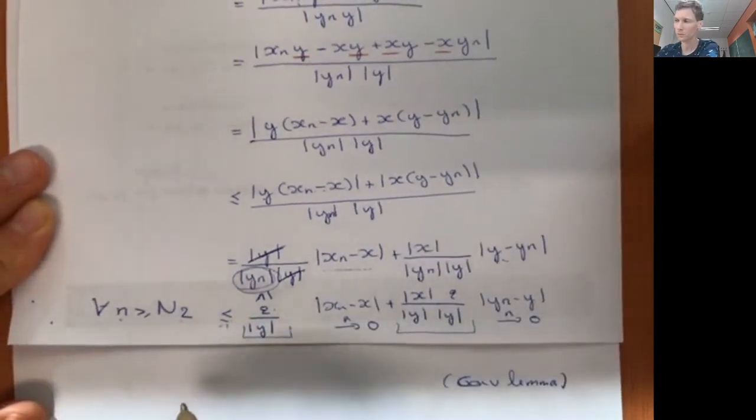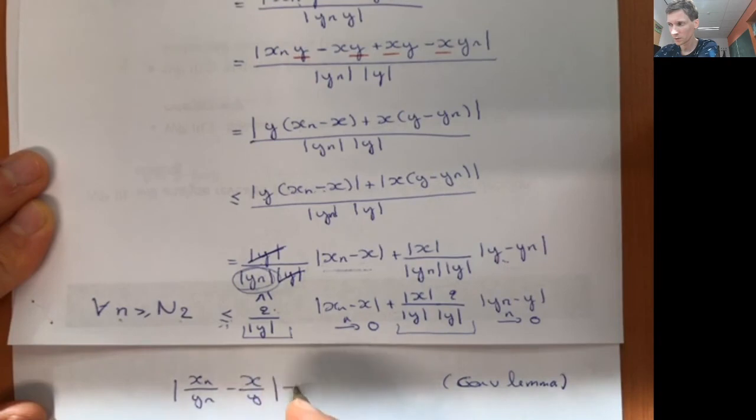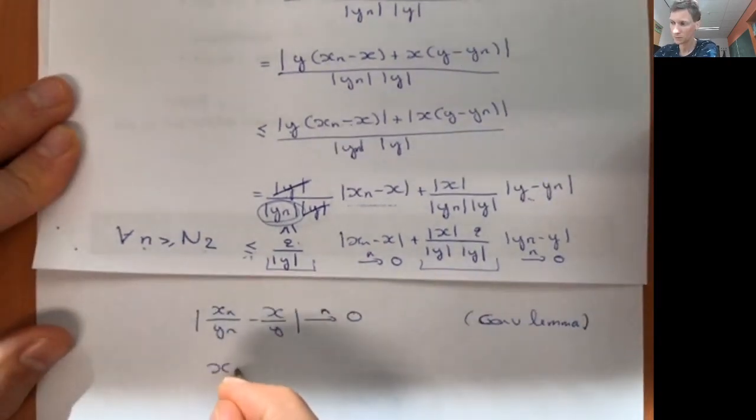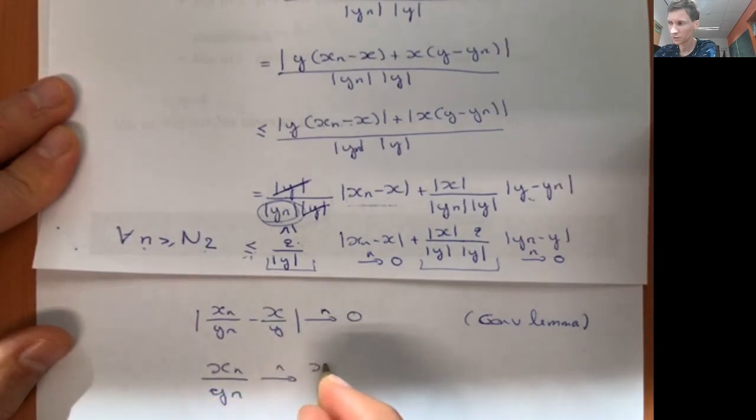Okay, so from the convergence lemma we find that xn over yn minus x over y converges to 0, and equivalently this is the same as saying that xn over yn converges to x over y. Okay, so this finishes the proof of the quotient.